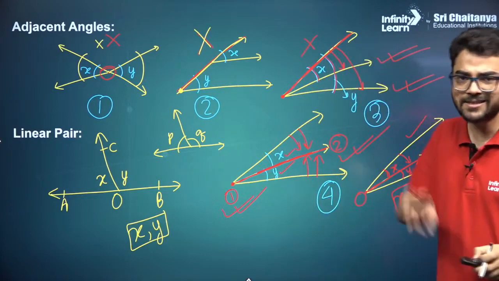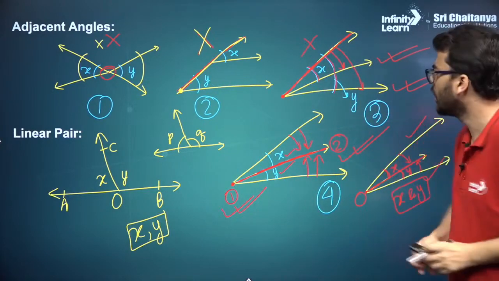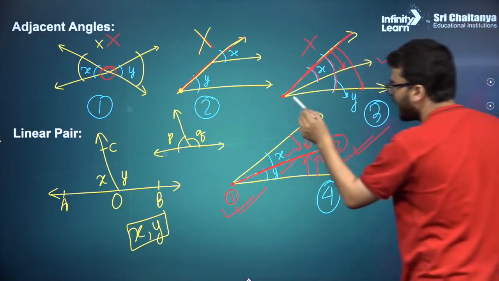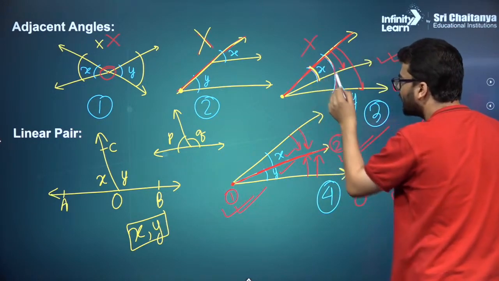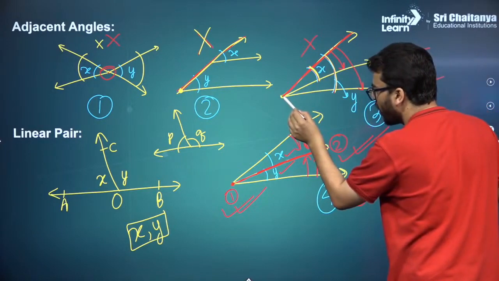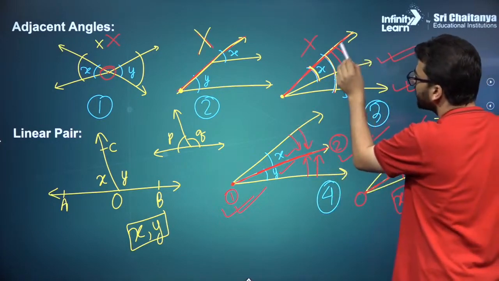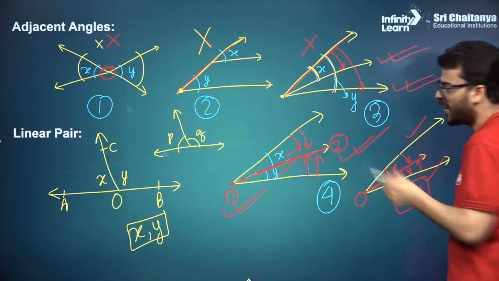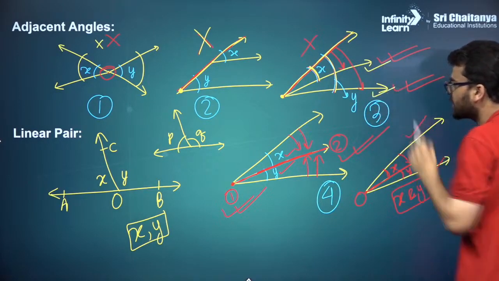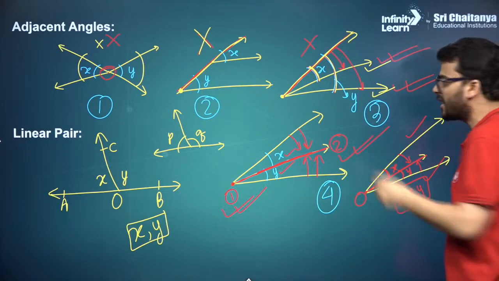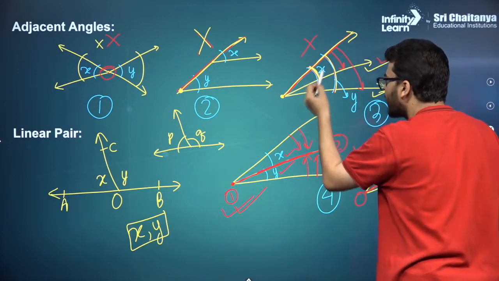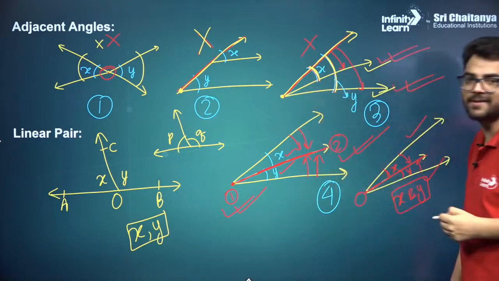For adjacent angles, three things must satisfy. Now what is happening in this one? They are having a common vertex. I am talking about this angle and this total angle. They are having a common vertex. They are having a common arm. But these are non-common arms, and they are on the same side of the common arm. So therefore, over here, angle x and angle y, they are not adjacent angles.